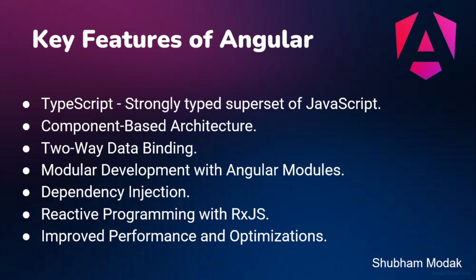After that, two-way data binding. Two-way data binding is used for interaction between the UI and the logic file, meaning the HTML file and the TS file. This is immediate data transmission and on-click data interchange. Also, modular development with Angular modules.